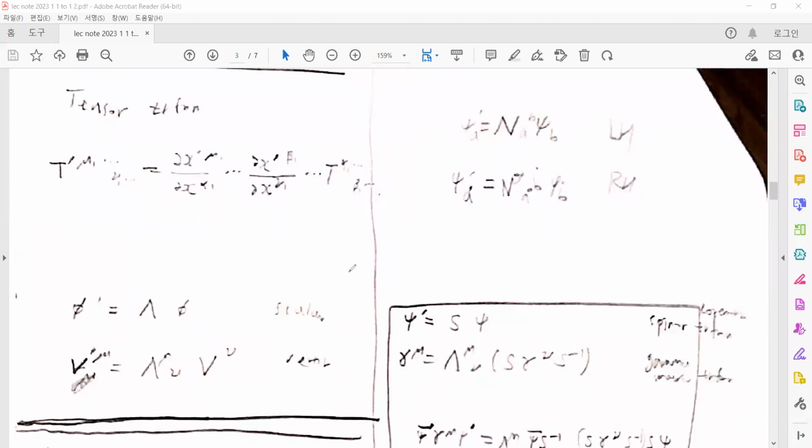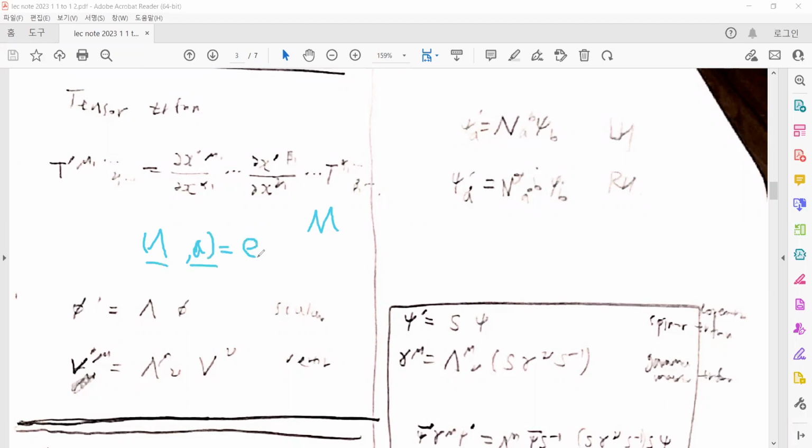Also, from the Poincare algebra point of view, there are boost generators. For example, there are capital Gamma and a, where Gamma is the Lorentz transformation and a is a translation parameter.